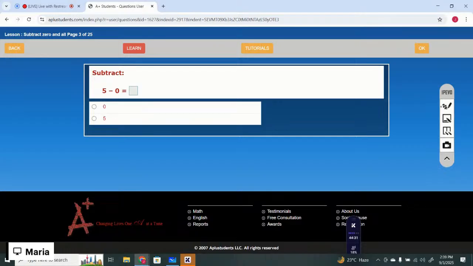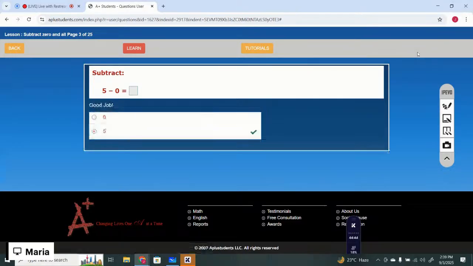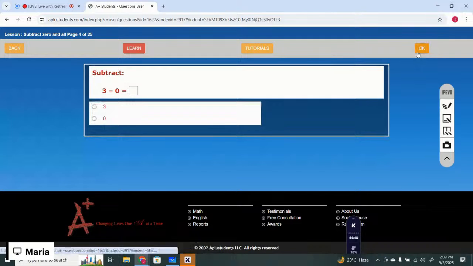Very good. That is 5 take away 0 is 5. Option number 2 is the correct option. 3 take away 0 is 3.